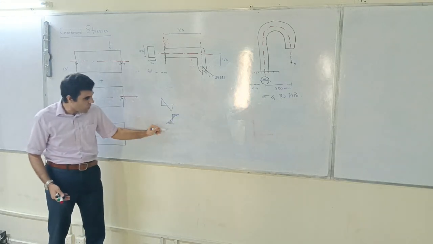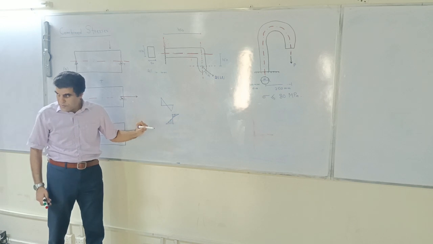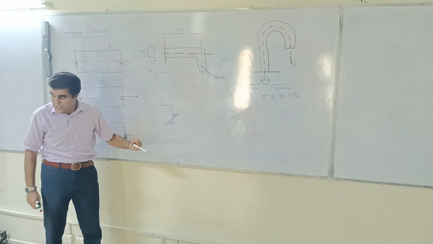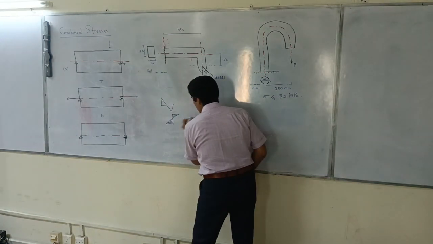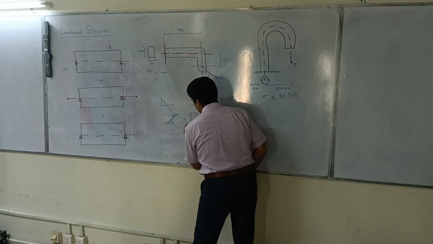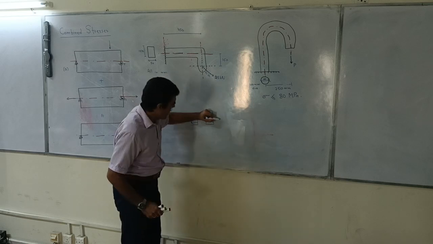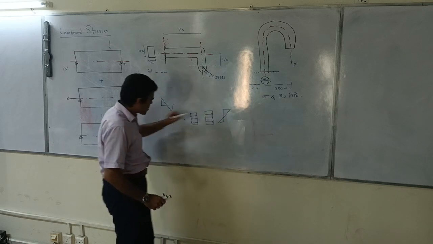So imagine one type of external load gives you this sort of distribution of internal stresses, and another one gives you something like this, or something like this again, which can be added up.